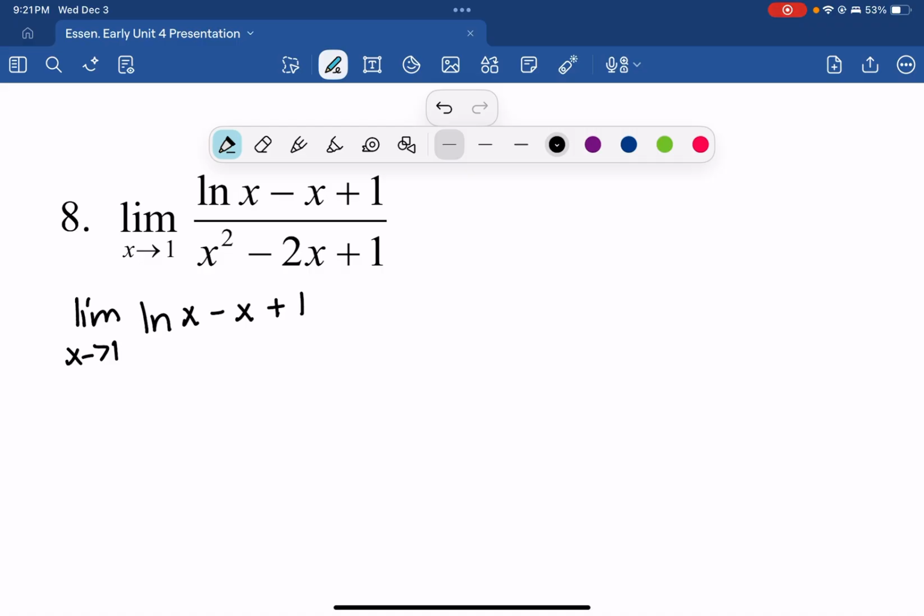When I plug in 1 to that, we get 0. The natural log of 1 is 0, and then I get 0 minus 1 plus 1, so 0.